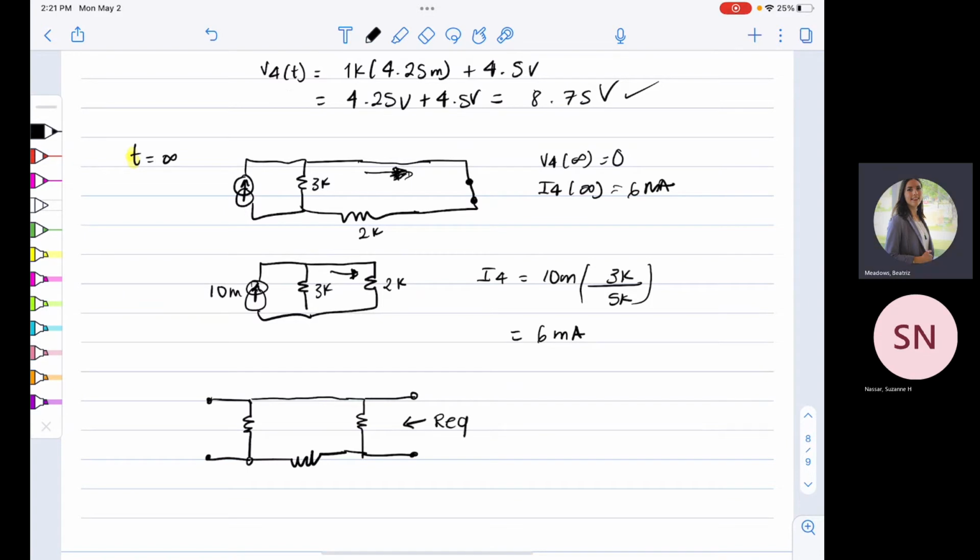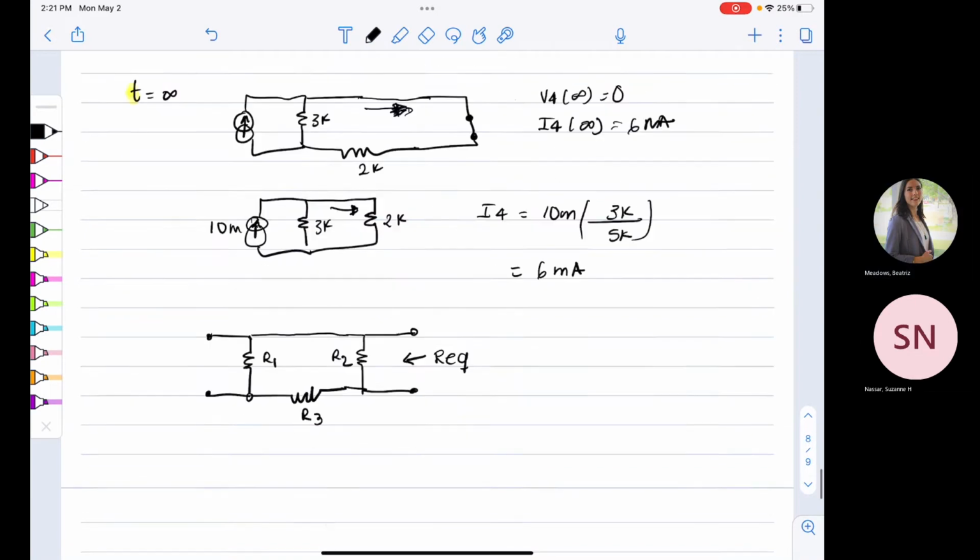So this is our equivalent that we're trying to find. So can somebody tell me what is our equivalent? You guys should be experts on these.